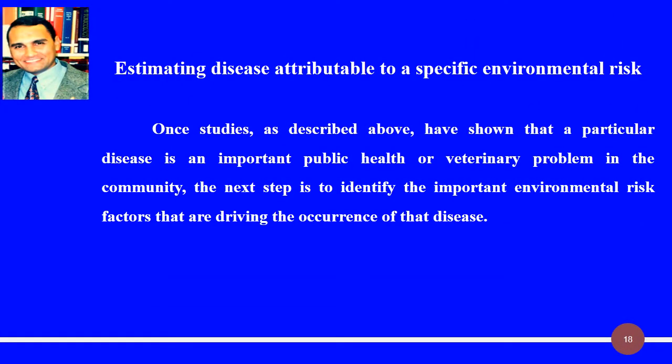Estimating disease attributable to a specific environmental risk: once studies, as described above, have shown that a particular disease is an important public health or veterinary problem in the community, the next step is to identify the important environmental risk factors that are driving the occurrence of that disease.